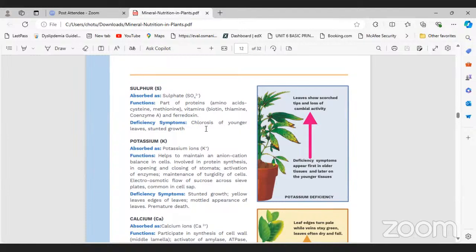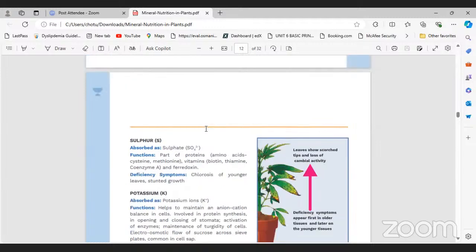Sulfur deficiency is more likely in acidic soil. Chlorosis in leaves and stunted growth. Where acidic soil is there, in that soil, sulfur deficiency occurs. See, this is sulfur deficiency.